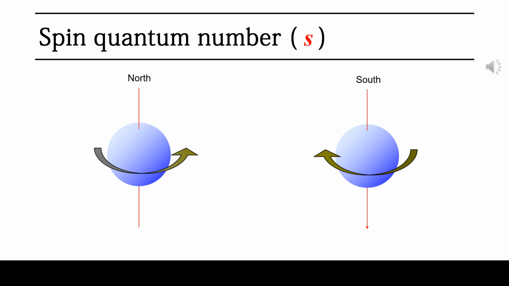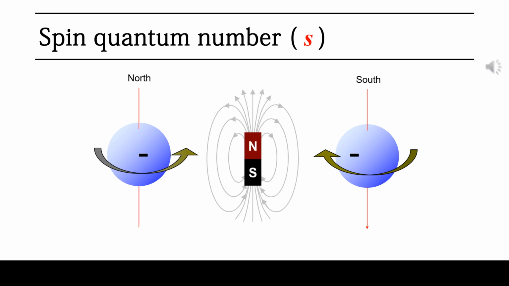Here this represents electron movement in two directions. Due to this movement, one electron is like a magnet. It acts as a magnet and can have a magnetic field like this. If it is a rotation in the other direction, the magnetic field is generated on the opposite side. So the direction is different, meaning two opposite direction magnetic fields are created.